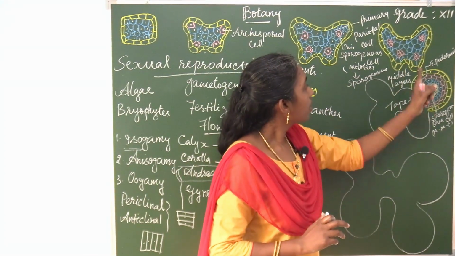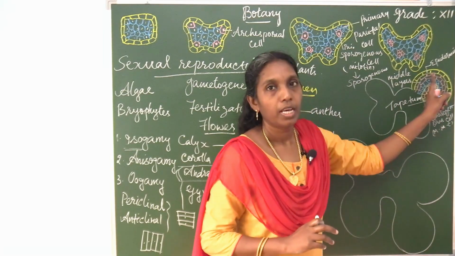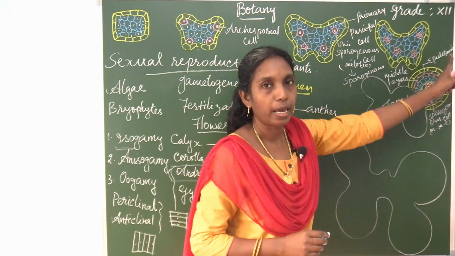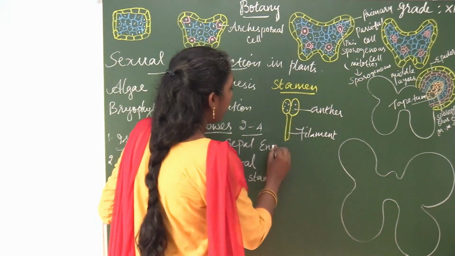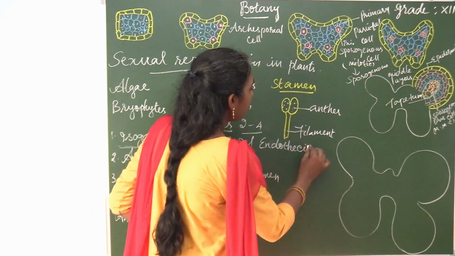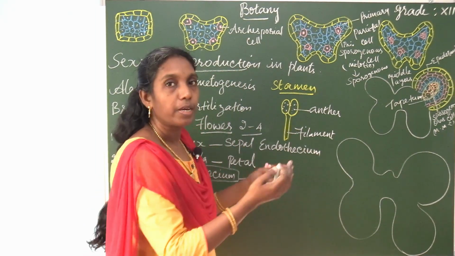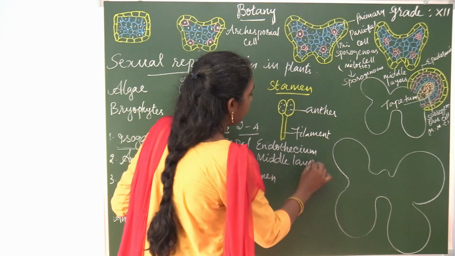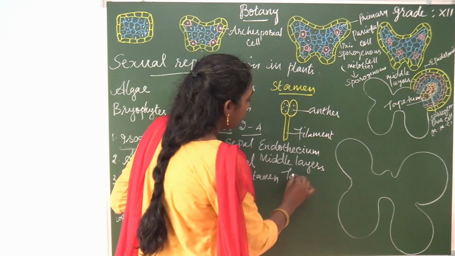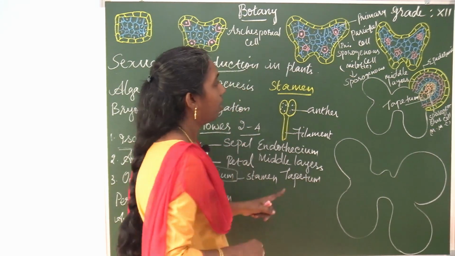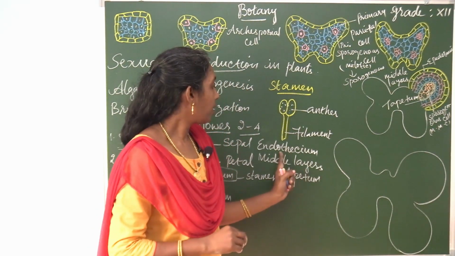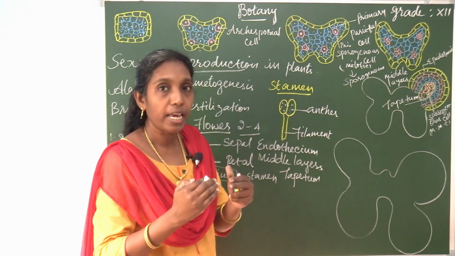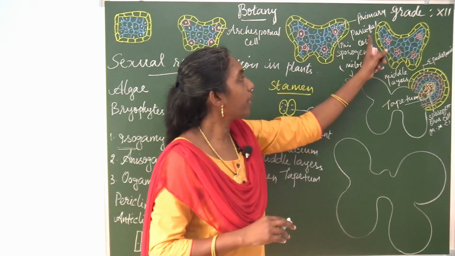Look at this diagram. Here there are different walls. The outermost layer is the epidermis. Then it forms the endothecium. Inner to the endothecium, it forms the middle layers, and then the tapetum. So the endothecium, middle layers and tapetum are formed. These 2 to 4 layers are formed from the primary parietal cell.